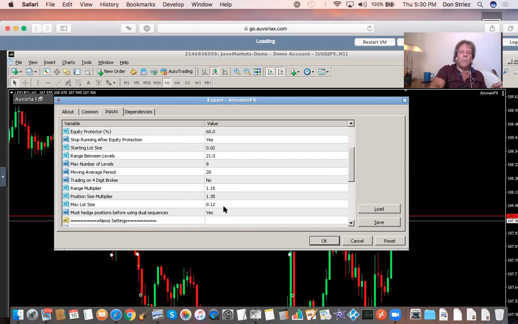So with this math here, what's happening is it's making purchases of 0.01, then 0.02, then 0.03, then 0.04, and it'll go down a maximum of 8 levels here before it turns around.